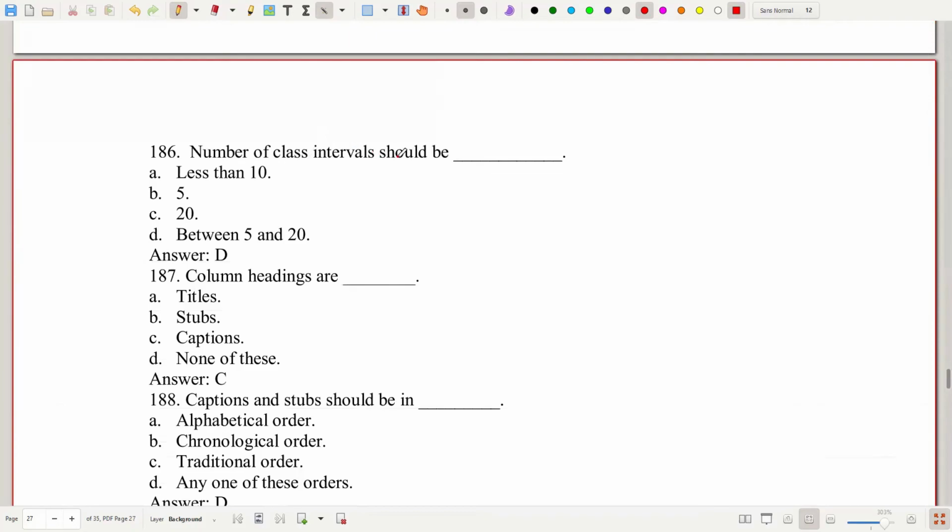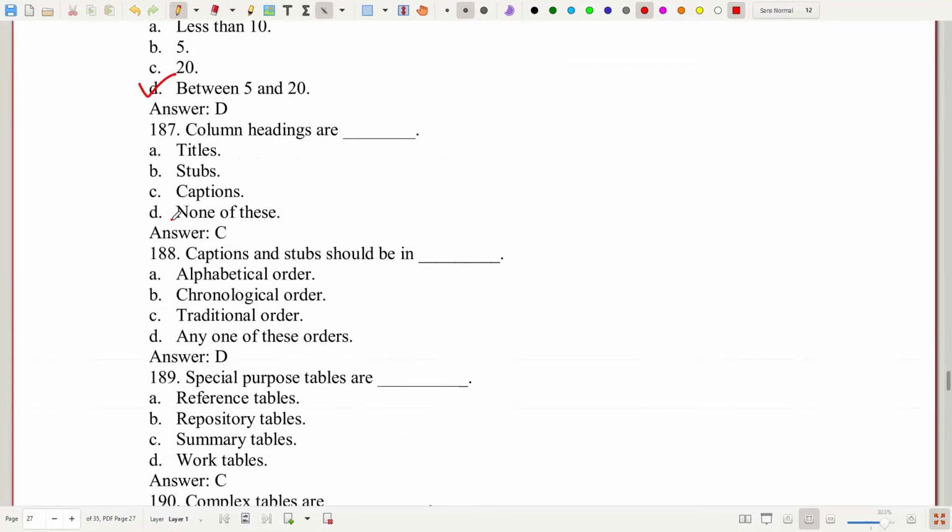Number of class intervals should be between 5 and 20. Column headings are captions. Captions and stubs should be in alphabetical order, chronological order, traditional order, any one of these orders. Particularly, it may be alphabetical, it may be chronological, it may be traditional.